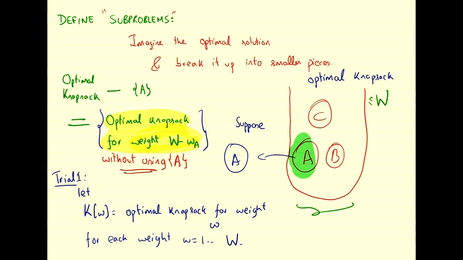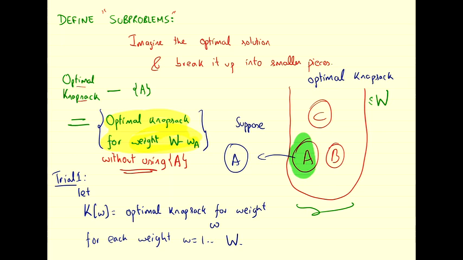It's because we're not allowed to use the same element twice, what's left is actually a solution to the following strange, different kind of problem, which is the optimal way of picking up W minus WA without using A. Okay? So you went from trying to find the best possible knapsack without repetition to finding the best possible knapsack for weight W minus WA without using A.